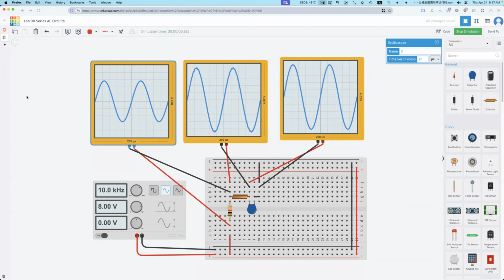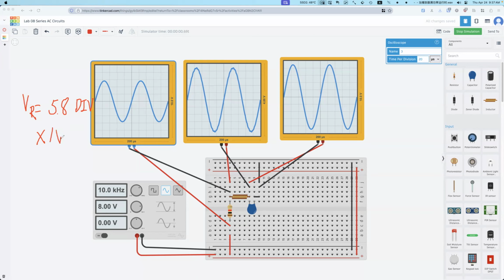So this is for VR, right? So VR equals 5.8 divisions, then times the setting. This is the 10 volt from top to the bottom. So we know total is 10 divisions. So this means each division is 1 volt.